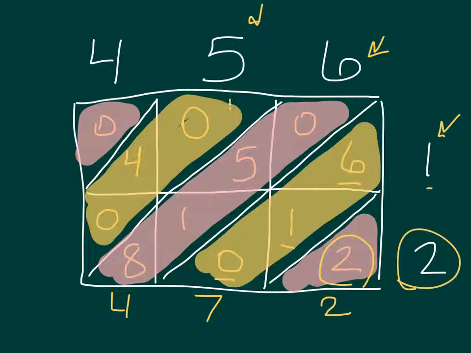I do still have to worry about numbers that I'm carrying, so I carry the 1 from the 14 up to the next colored diagonal. And again, I circled the number so I didn't forget it. And I have many zeros here, so I really only need to add the 4 and 1 to get 5. And then my next number up here is 0, so I don't really have to do anything at all.